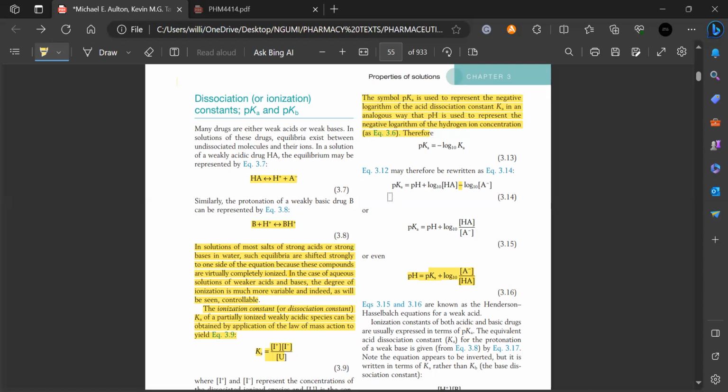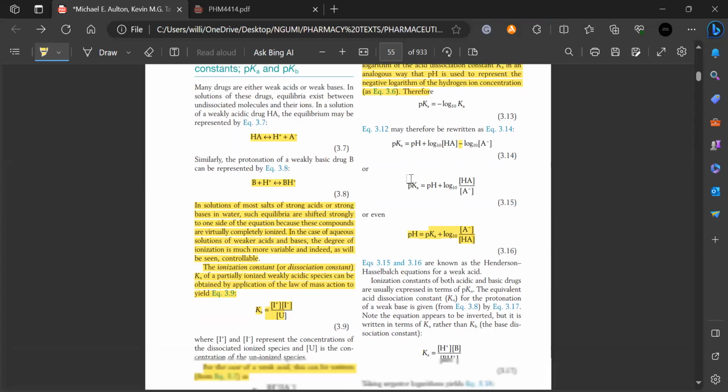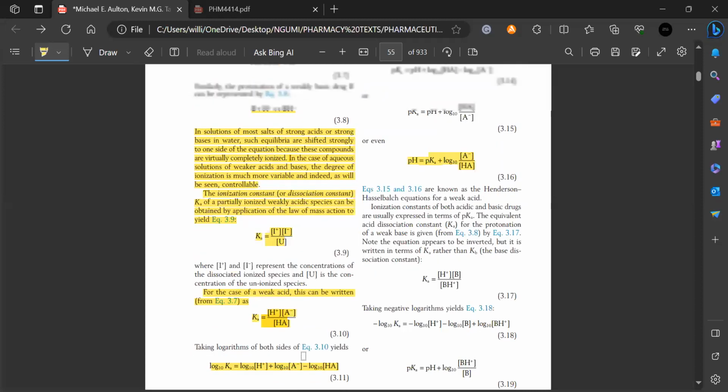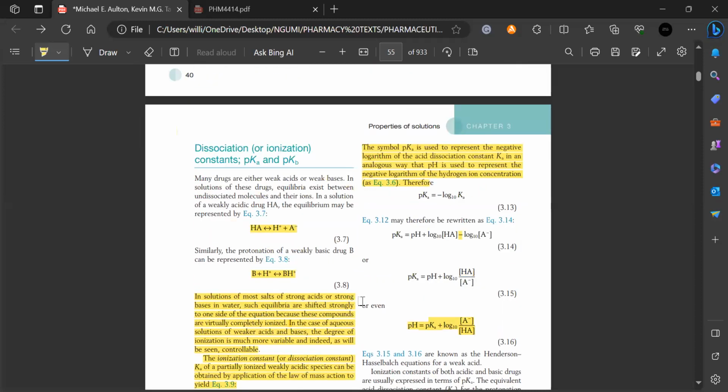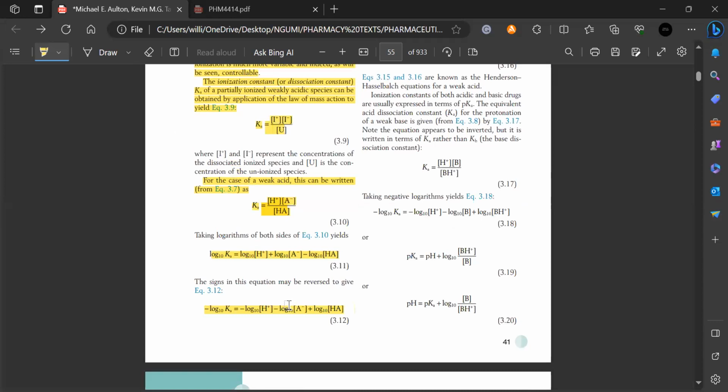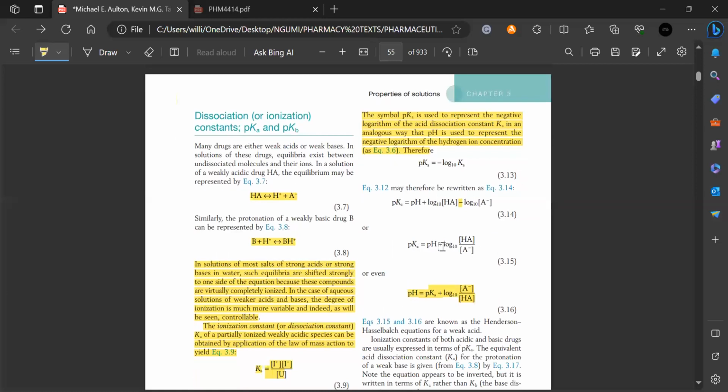Because when we're using p in itself, we eliminate the idea of negative log within our equation. Everything which was plus will be minus, other than the things which already have p. So from the equation which we just wrote down, when we substituted p, the negative log A was minus.